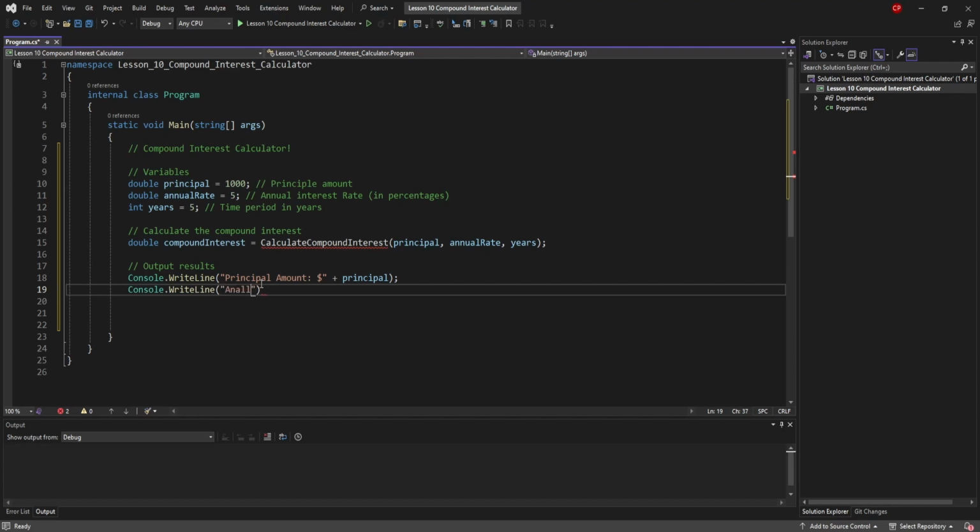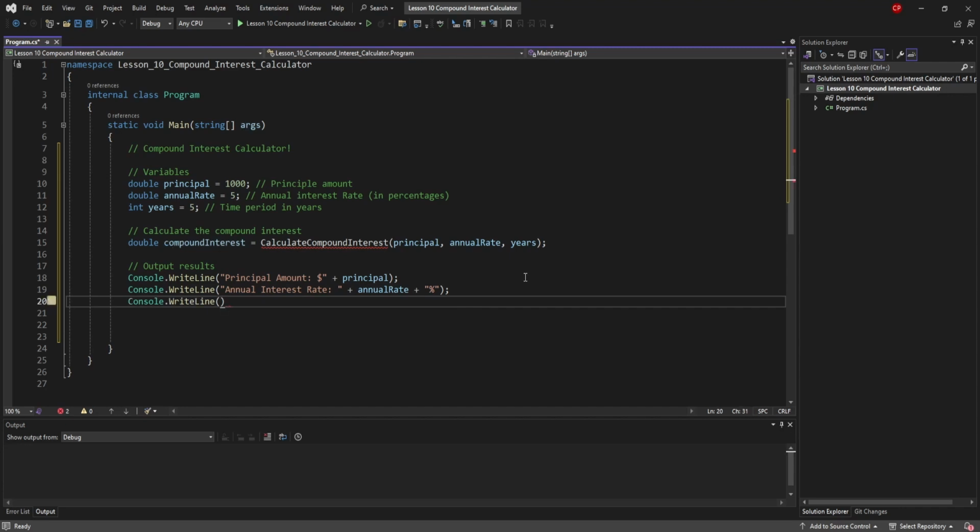We'll do annual rate, and then we're going to say plus annual rate, plus, then we'll use the percentage symbol inside of quotation marks. That way it displays the annual rate, which normally is going to be 5, with a percent sign. It's going to look pretty.